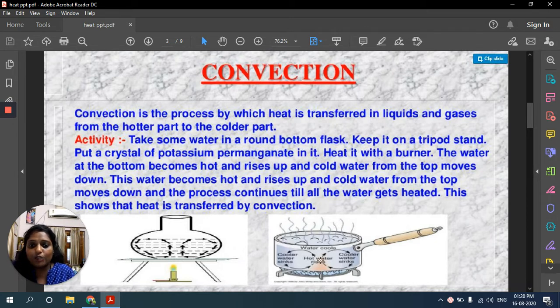See, hot water rising up, cold water being denser, it sinks down. Hot water or hot air is warmer, so the warm air is light, and so it starts rising up, and the cold air being denser, it will sink down.